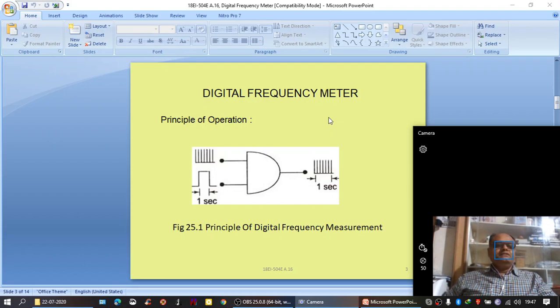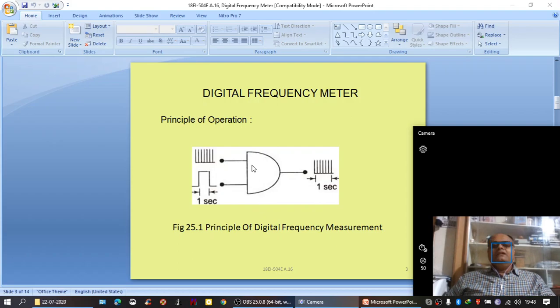Number of cycles per 1 second is called as the frequency. So based on this definition, a simple arrangement will give the frequency of the unknown signal directly.